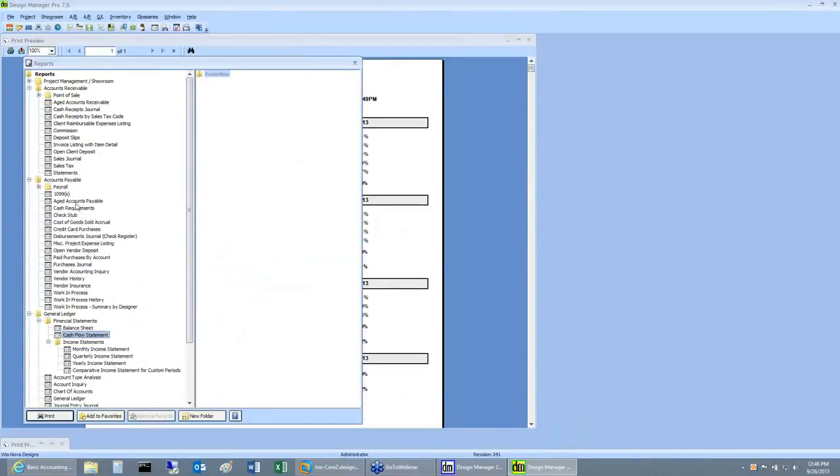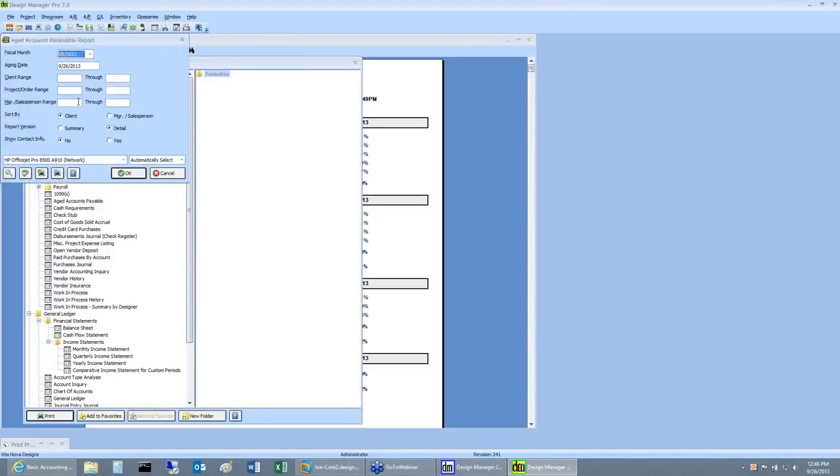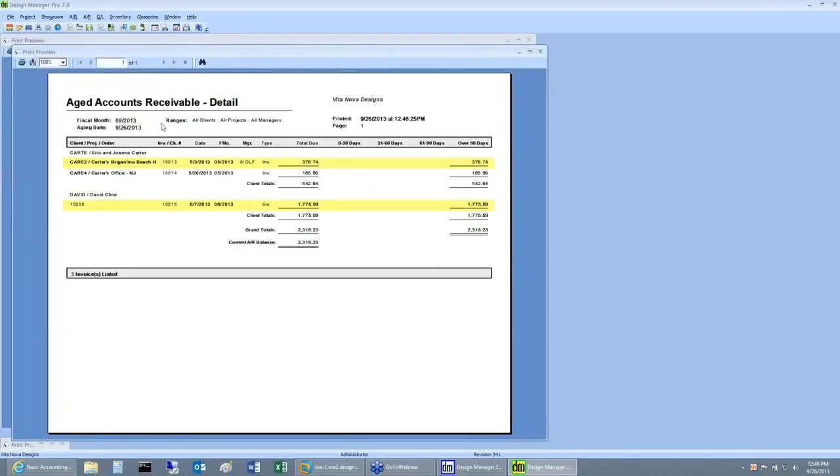You also want to check, every month, your aged accounts payable and your accounts receivable, and you want to look down those lists. So if I did my accounts receivable, this is what my clients owe me. You want to look down this list. Now, this data has been sitting here for a couple of months because it is test data, but I can see that this client at least hasn't paid me for 90 days.